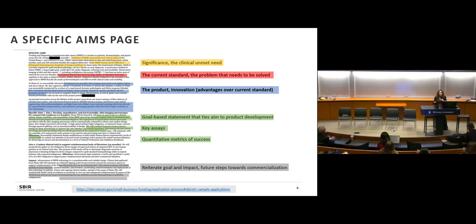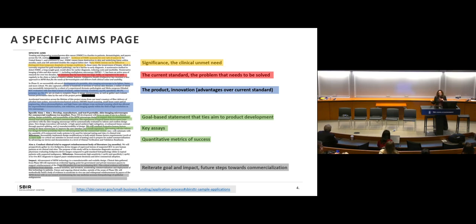To ensure a productive meeting, it's good if you can write a specific aims page so we can review it before our meeting. The specific aims page should include, first, which unmet need you are trying to address, what is your solution, what is your product, and what is the innovation, how it compares to what is currently on the market.